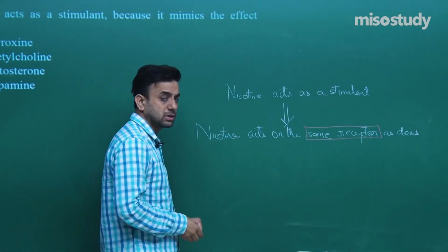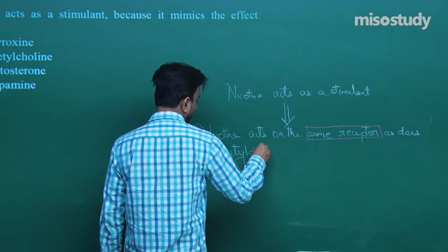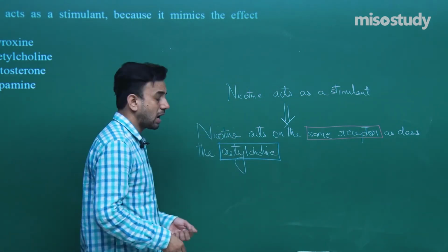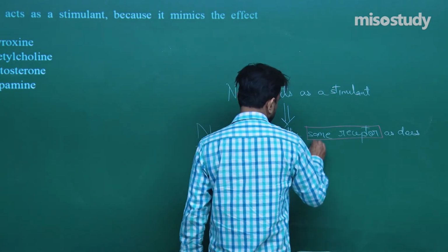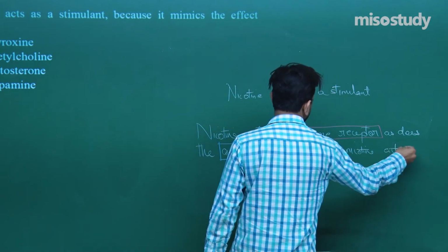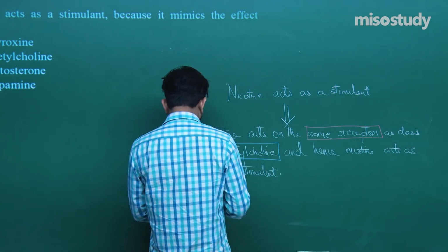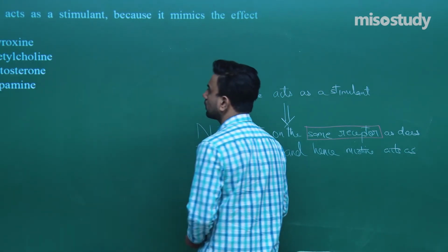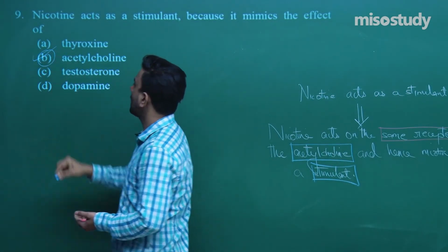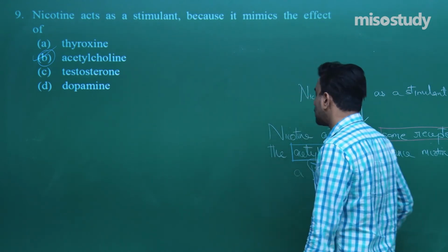So, nicotine acts on the same receptor as does acetylcholine, and hence nicotine acts as a stimulant. So, the answer for this will be acetylcholine, that nicotine acts as a stimulant because it mimics the effect of acetylcholine. And now we will move on to the last question.